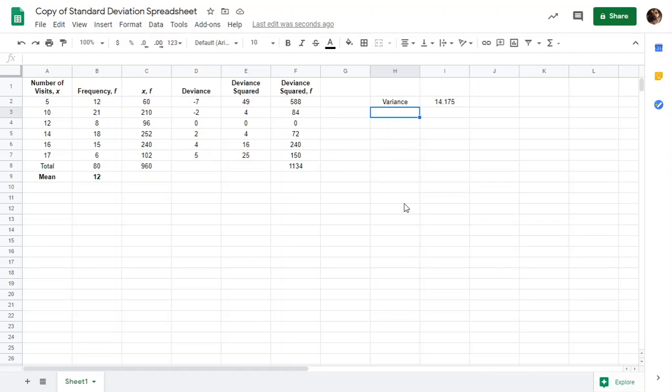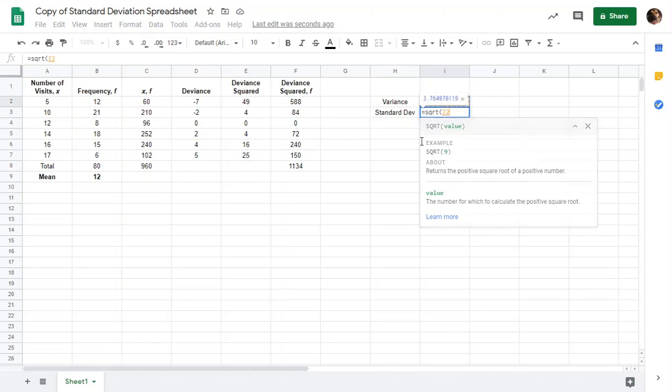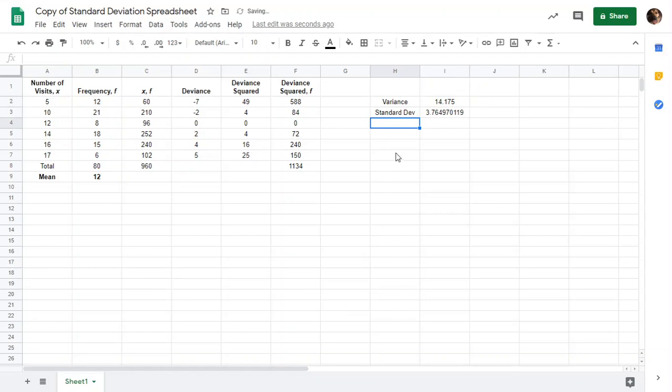We need the standard deviation, which is just the square root of the variance. So this is going to equal my variance, or actually there's probably a square root function. Square root, SQRT. So the square root of that cell right there, and we get a long number. What I'm going to do with that long number is round it off to, let's say, the hundredths place.